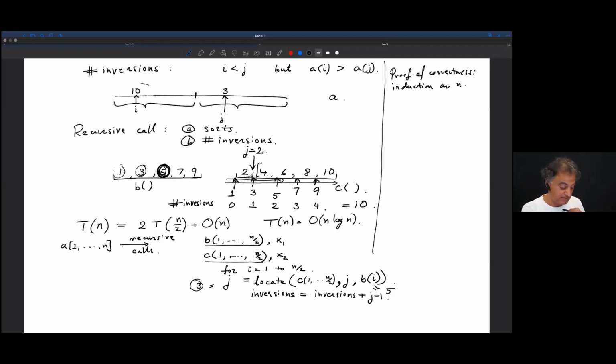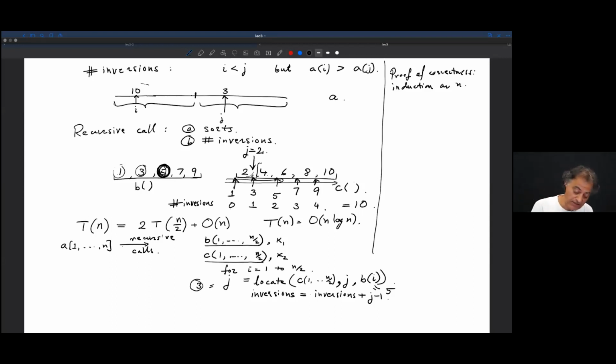Yeah, Professor. I was wondering why the overhead per recursive call is O of n, because it seems like locate would be linear, and we're iterating from i equals 1 to n over 2. Okay, here's the point.